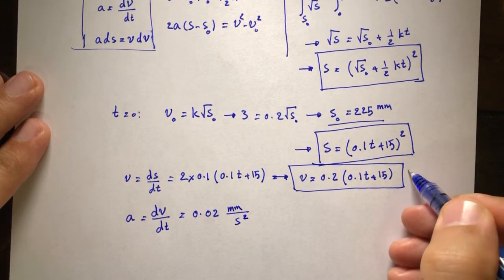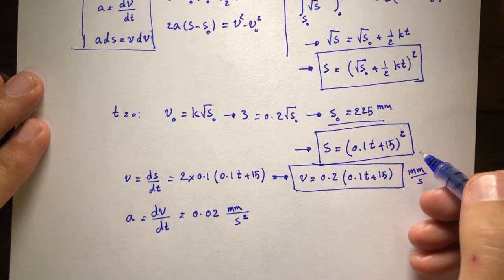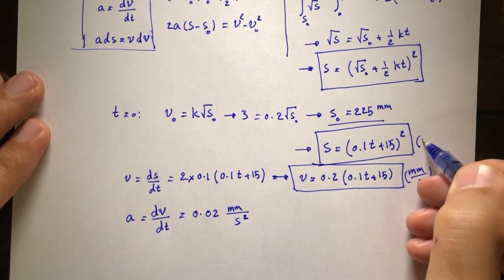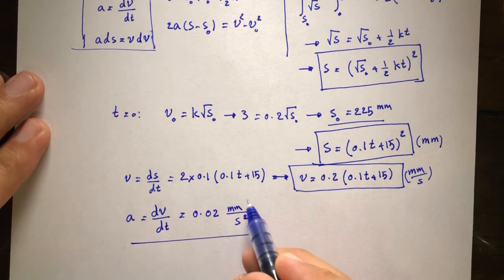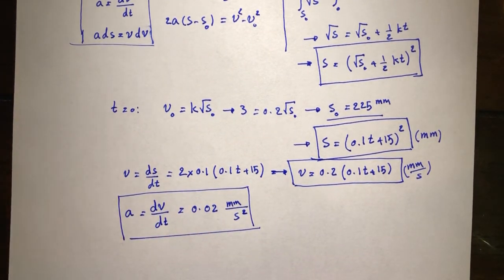And the unit for velocity here is millimeter per second, and the unit for displacement or position is millimeter. Okay, so we got all the equations that we need.